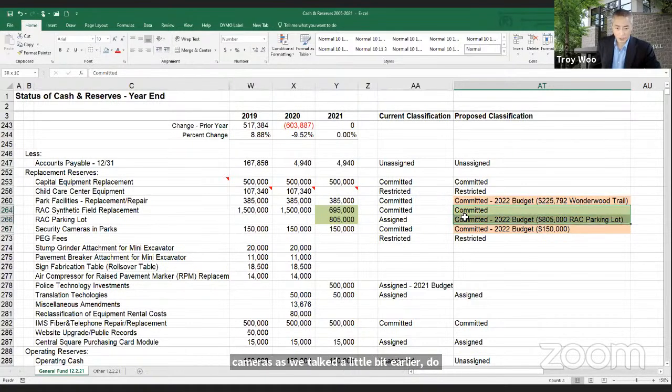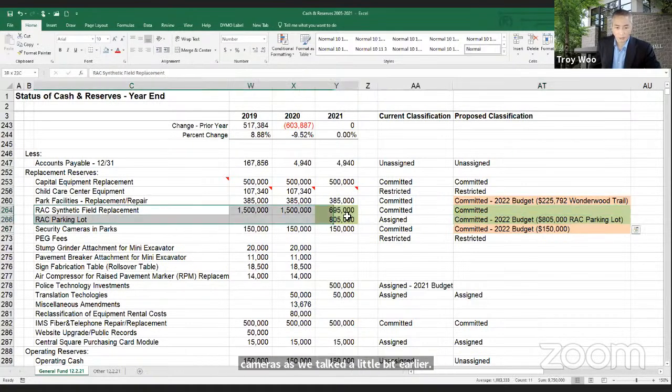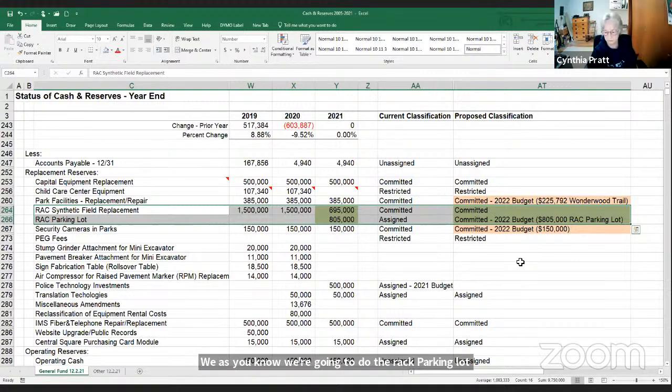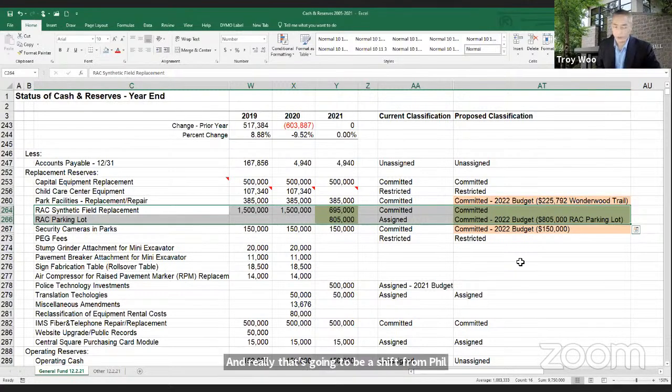I do want to point out a change in the RAC reserves. As you know, we're going to do the RAC parking lot expansion or improvements. And really that's going to be a shift from field replacement reserves into parking lot reserves.